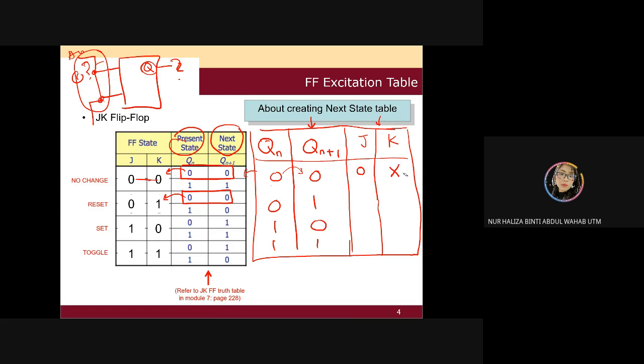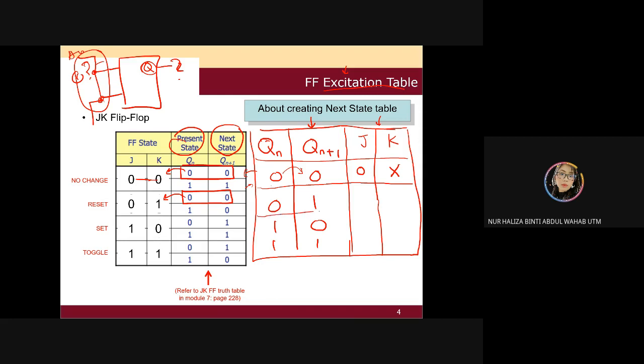That's why you put X there. Done with the 0 to 0 case. This is just for derivation, because you can just directly remember the excitation table, but I'm teaching you now how you basically get the derivation of your excitation table.